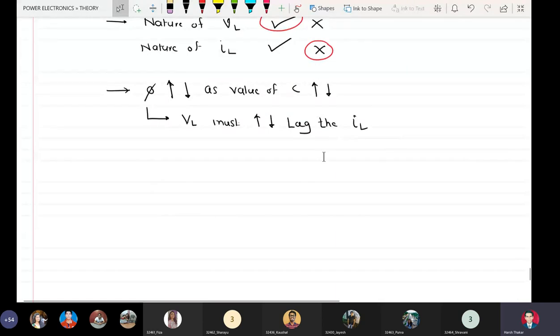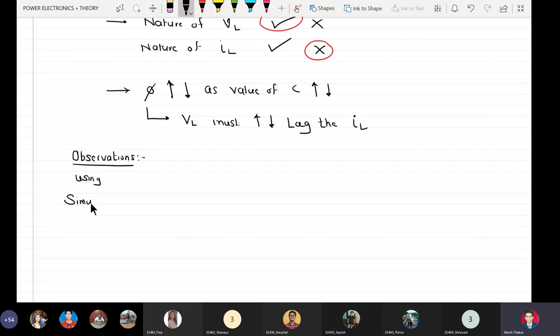The conclusion is this: as per MATLAB simulation, first, VL is remaining constant at the value of Vm equal to 325.27 volts.